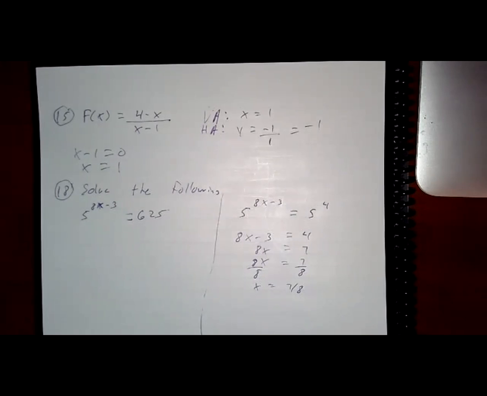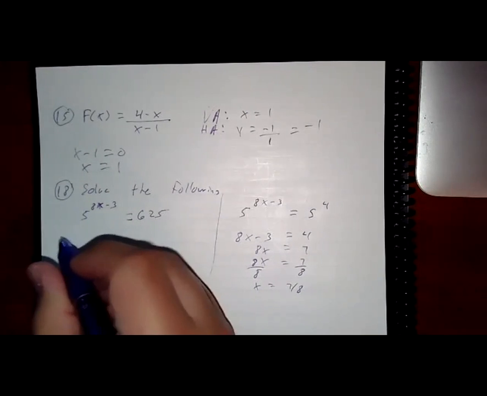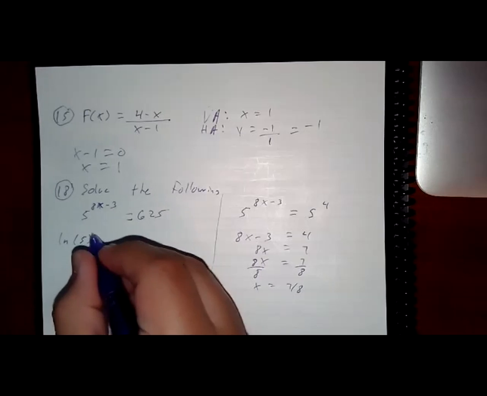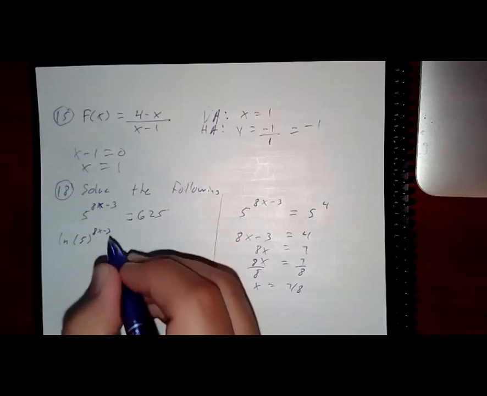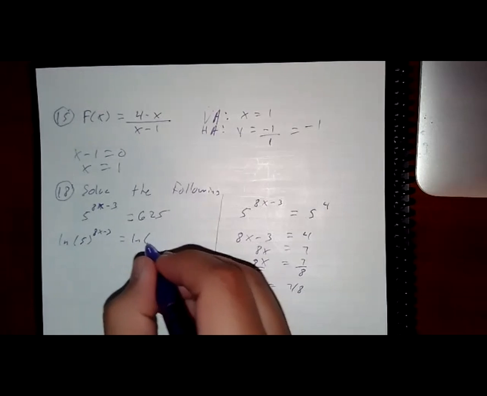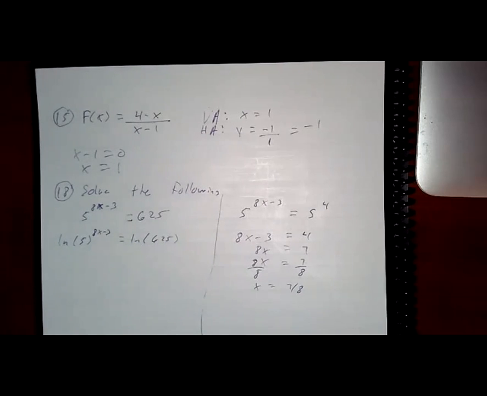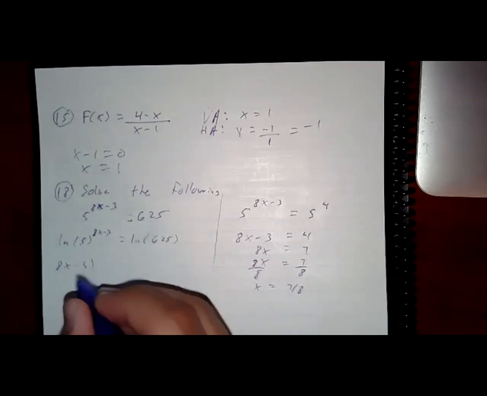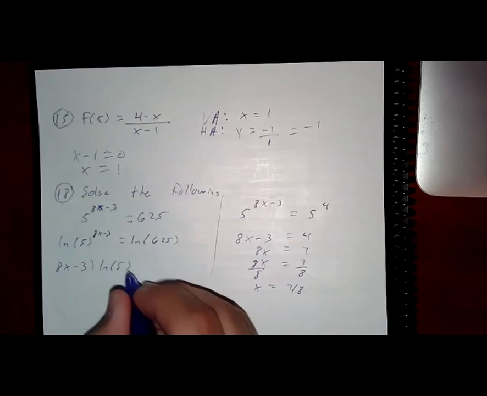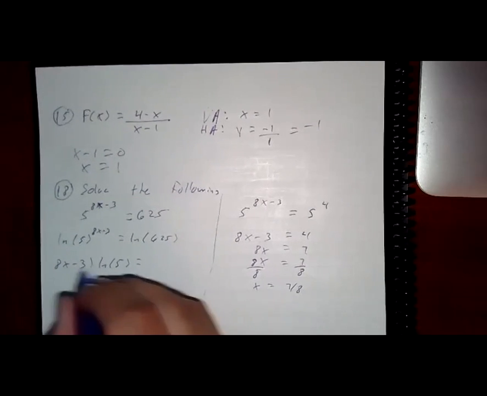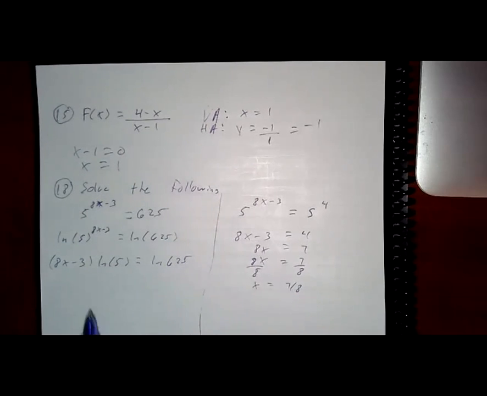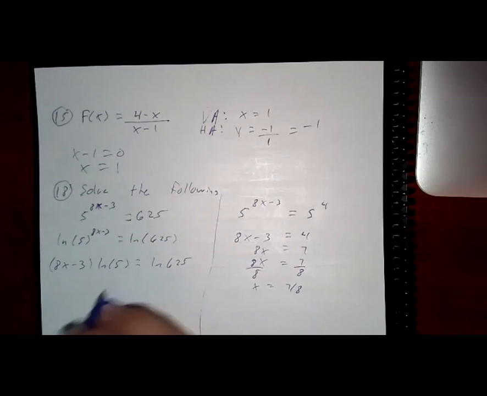Now, if they don't match, you'd have to use ln on both sides, right? Then you bring down the 8x minus 3 in front of the ln. Then you divide this number out on both sides.